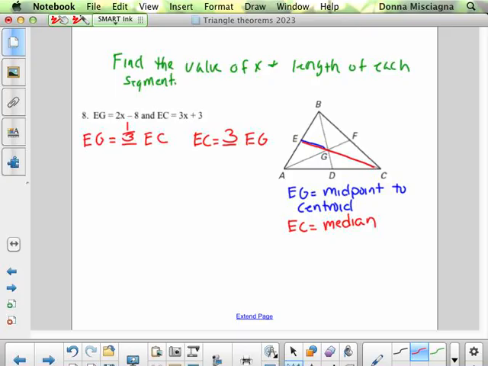So if this is 1, let's call that 1, then GC would be 2, right? It's twice as much. So from E to G, let's just call that 1. Then from G to C, that would be twice as much. That's 2, which means that the whole thing would have to be 3 times as much, because 3 is 3 times as much as 1. Right? So these segments are essentially broken into thirds.